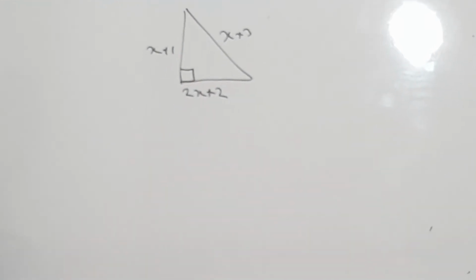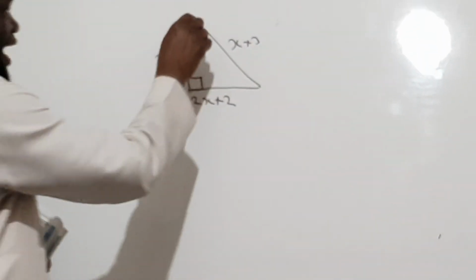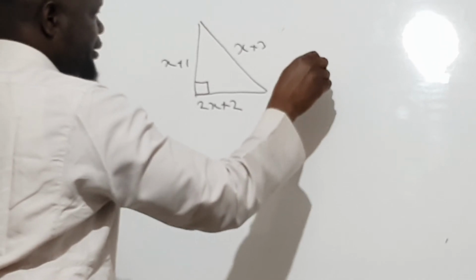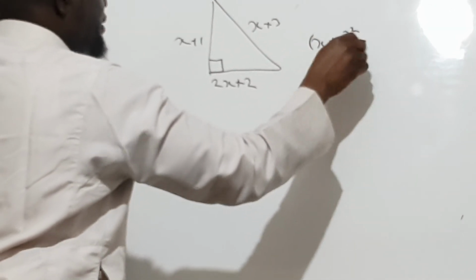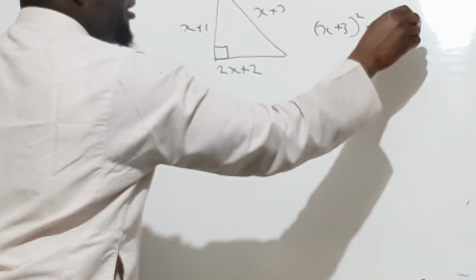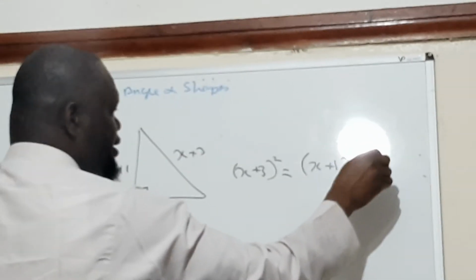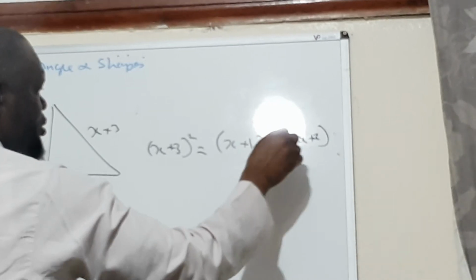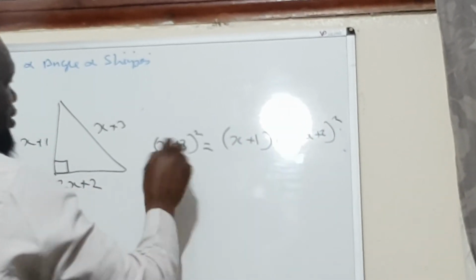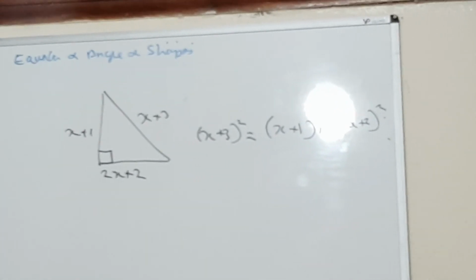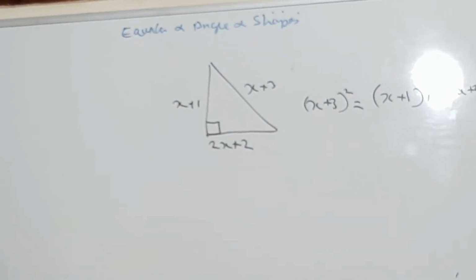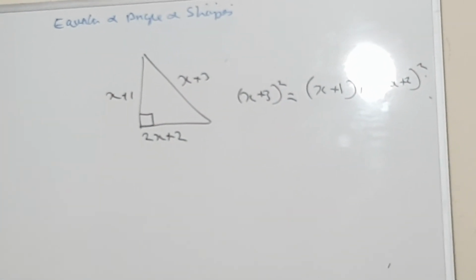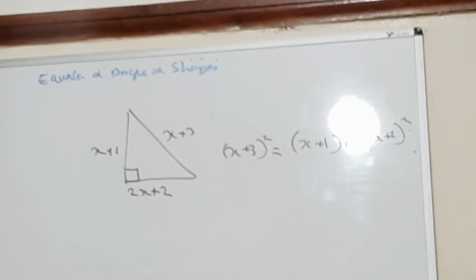Then Pythagoras told us that the hypotenuse squared is equal to the sum of the squares of the other two sides, plus 2x plus 2. Now, if this is equal to that, then this is a right angle triangle. But if it's not equal to it, then it's not a right angle triangle. Okay?